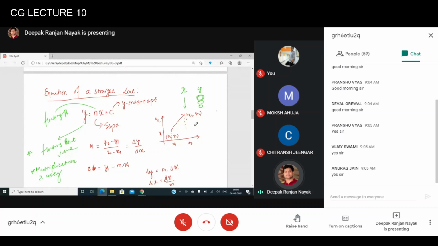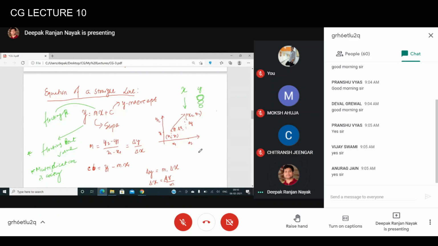That is nothing but the difference in the vertical points divided by the difference in the horizontal points, which is y2 minus y1. The difference can be written as del y, and here I can write del x, and my slope is nothing but del y by del x.